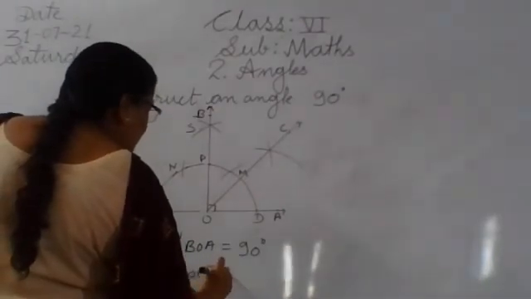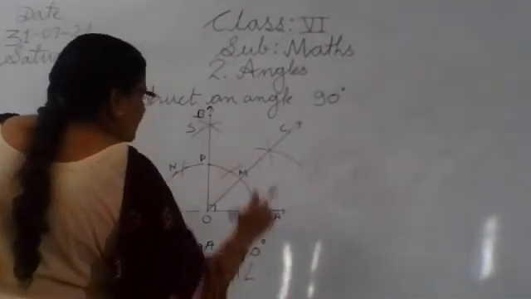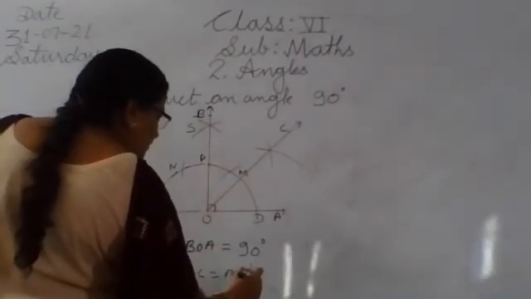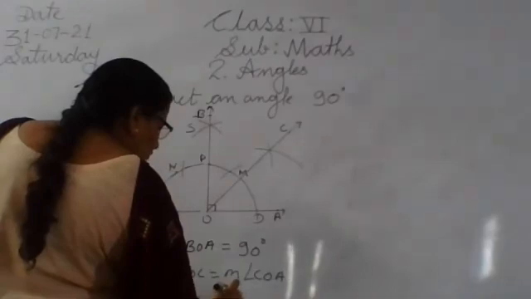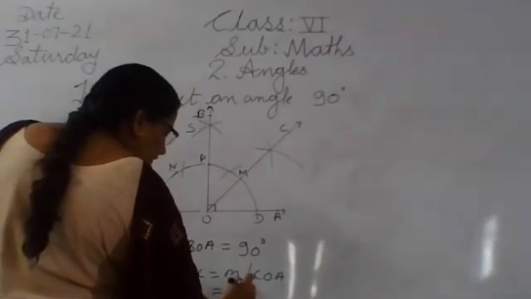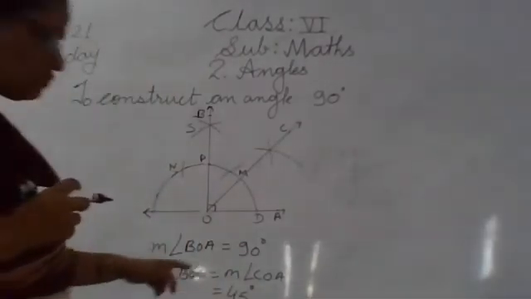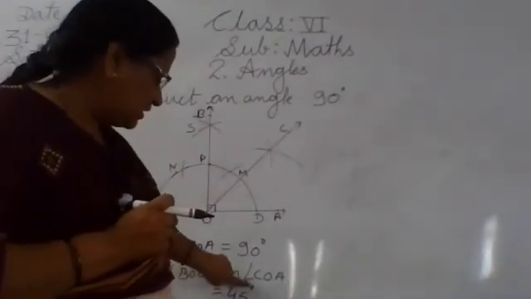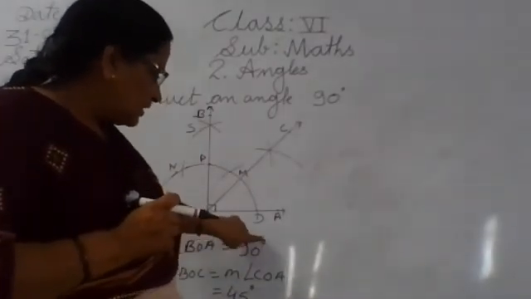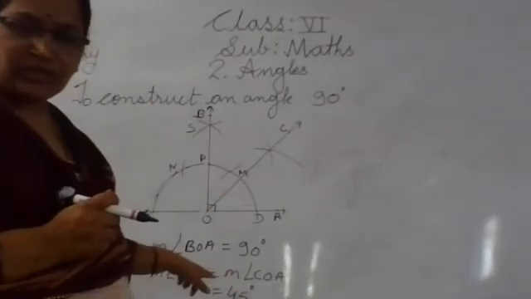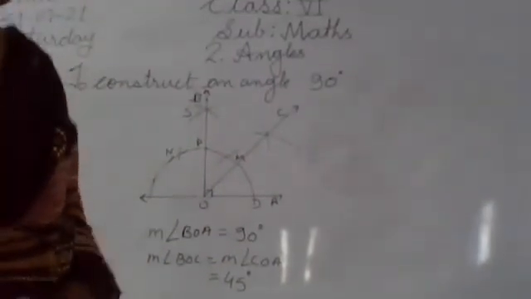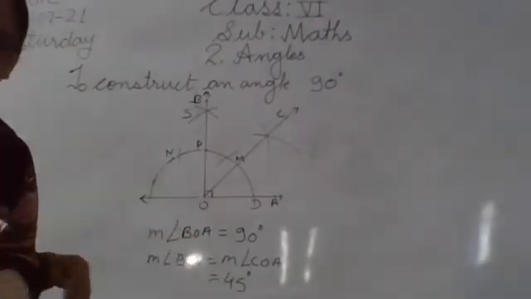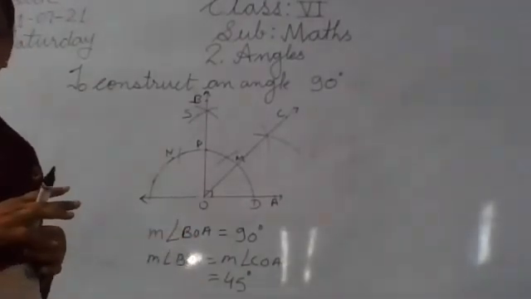BOC is equal to measure of angle COA, and it equals to 45 degree. Okay, so you must have to write down this degree, a small circle over this. It is the unit of angle. So angles are measured in degrees. Got it, beta?